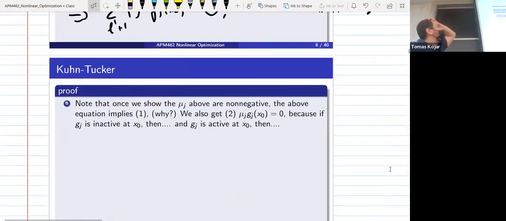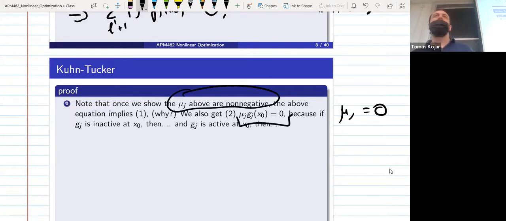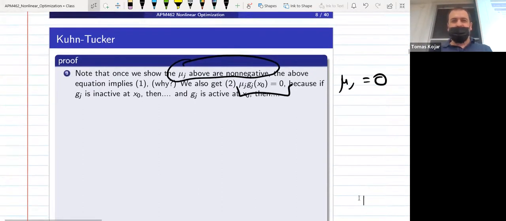Yeah, so actually, this is your question. Your question is not one, your question is two, because two implies one, because this will give you the mu j equaling 0. So let me explain why mu j non-negative gives you this, okay? I mean, in a way, that's what we said.